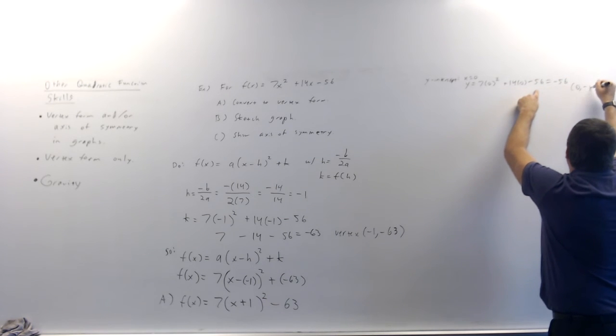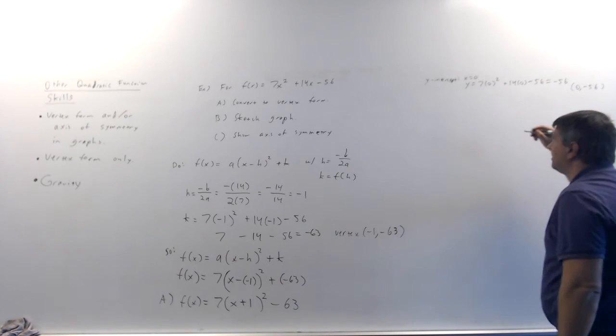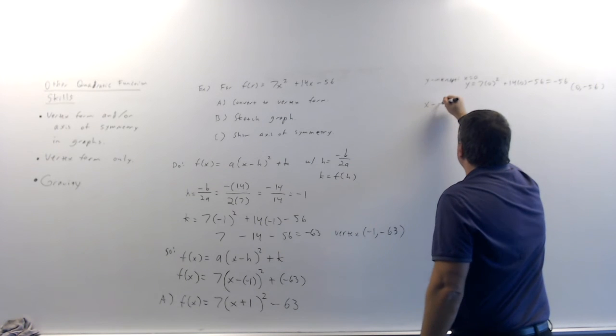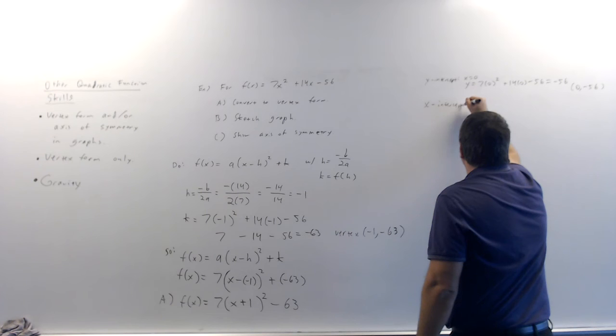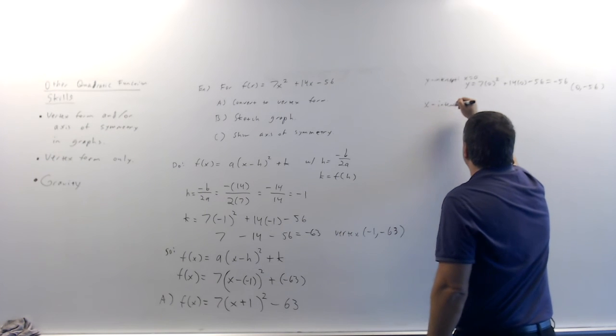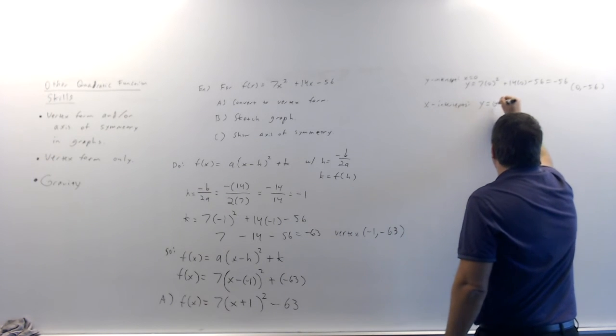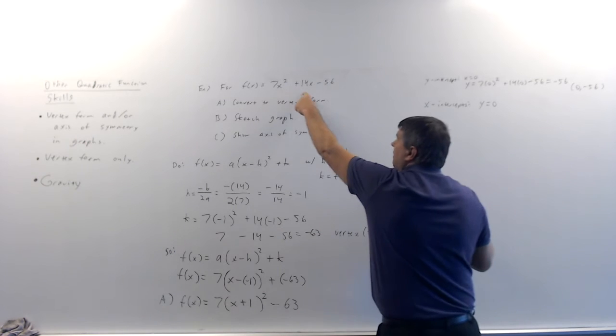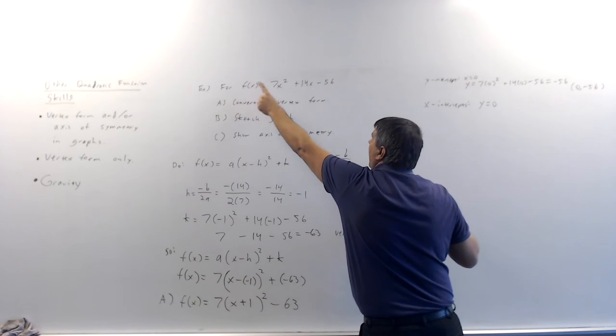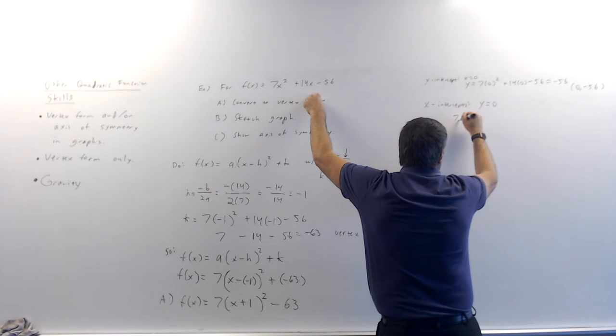So (0, -56). X-intercepts: y equals 0. And since this equals f(x) and f(x) is y, this whole thing equals 0.